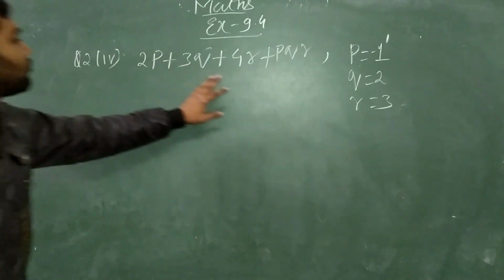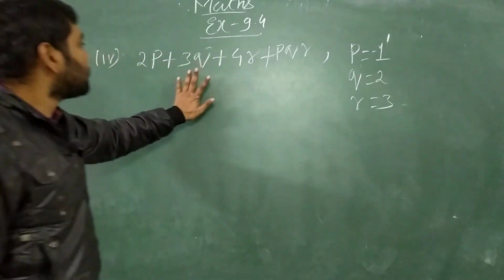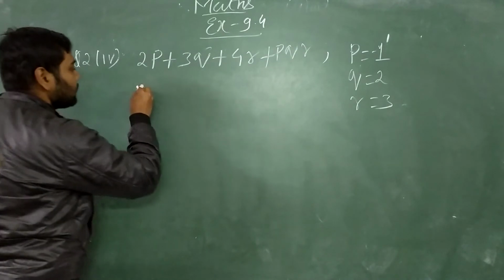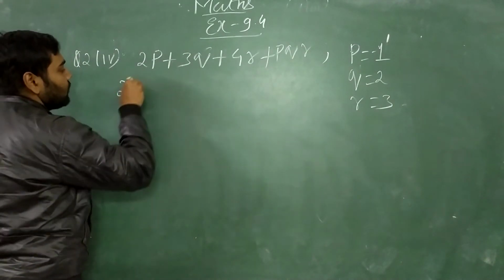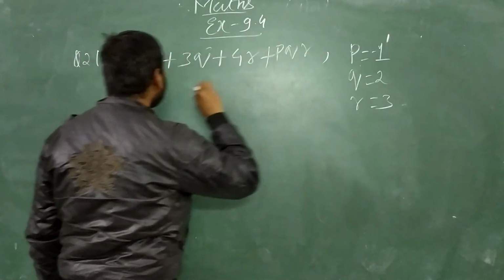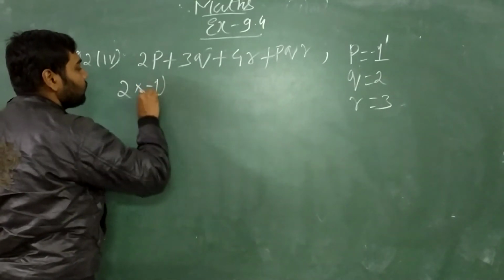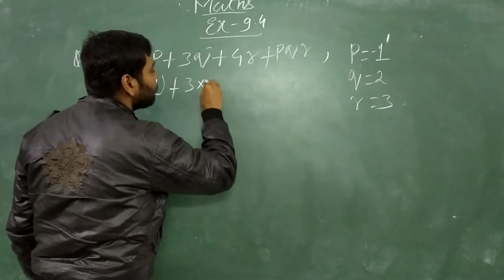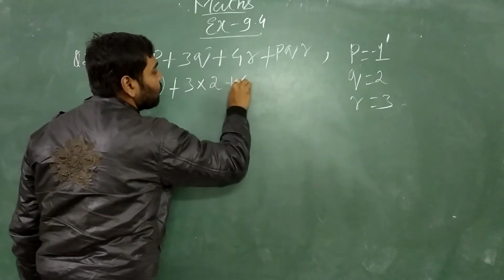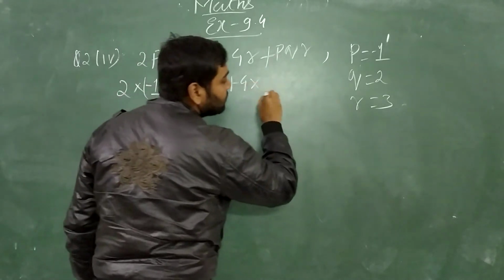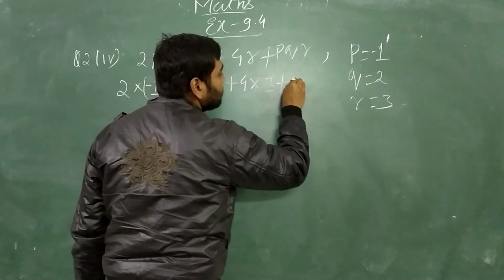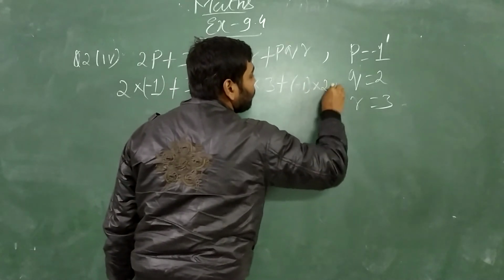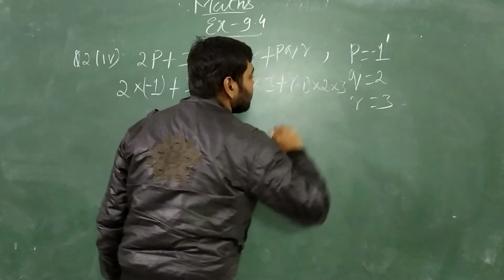So what we have to do? We have to substitute the value of PQR in the place where it is asked in the question, and then we will solve and we will get the answer. So see here, 2 multiply with P, value of P is minus 1, so we will substitute the value of P. Then 3 into Q, value of Q is 2, then 4, value of R is 3, then plus minus 1 in bracket, then Q, then R is 3, okay.